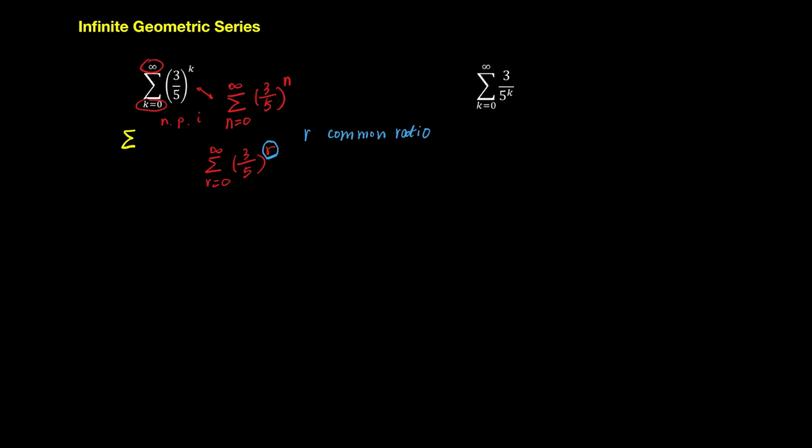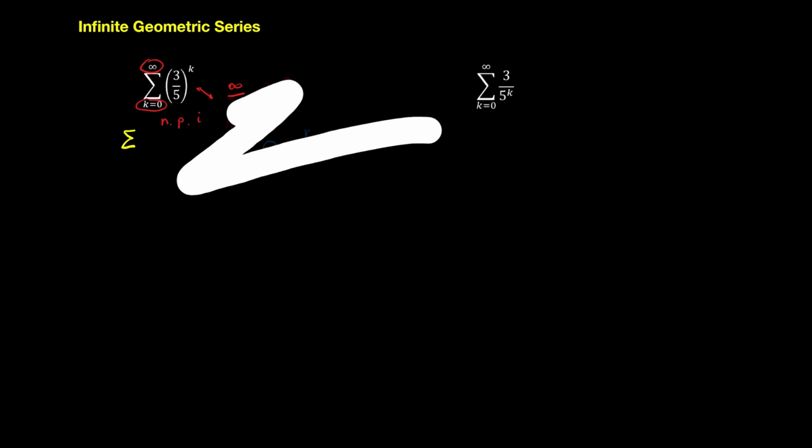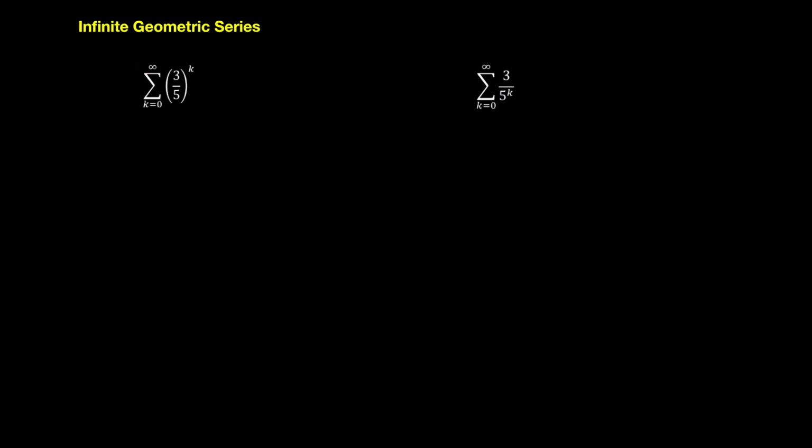Now let's return to our first series on the left. I'm going to erase all of this. To understand what this series means, let's expand the first few terms by plugging in the value of k starting from 0. So when k is 0, 3 over 5 to the power of 0 equals 1.